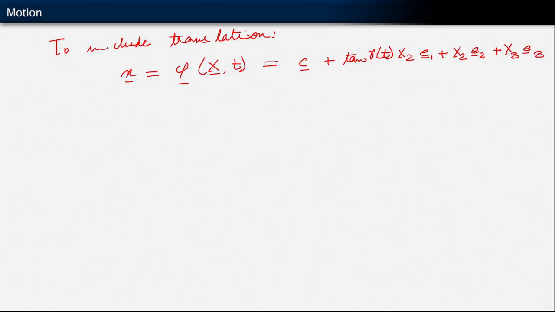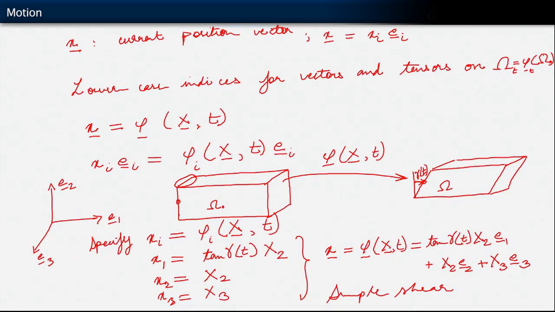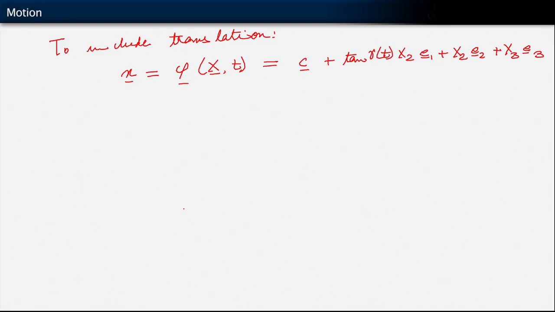What I wrote on the previous slide would be more accurate for the case where the reference configuration was somehow superposed on the current configuration and had not really translated away. But for this, this would be the right motion.